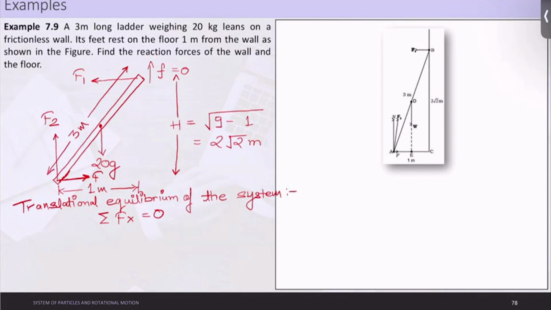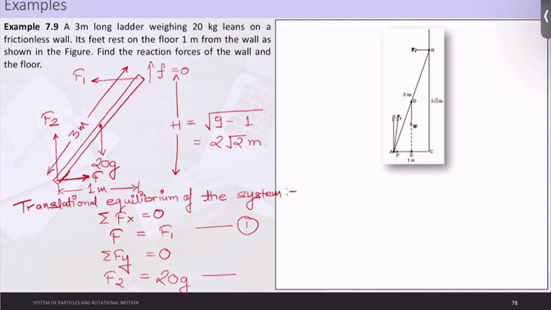I will get simply that the frictional force F is nothing but equal to F1. This is equation number 1. Okay. Next thing is, let me do summation Fy equal to 0. So if I do summation Fy equal to 0, what will I find? I will simply find that the force F2 is nothing but equal to this weight W, which is equal to 20G.